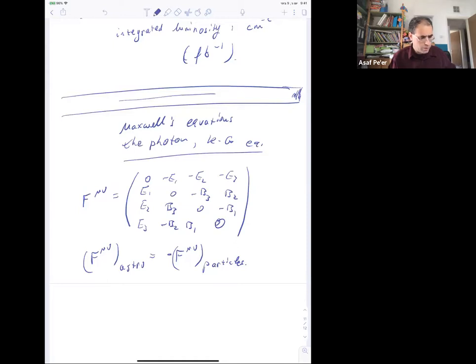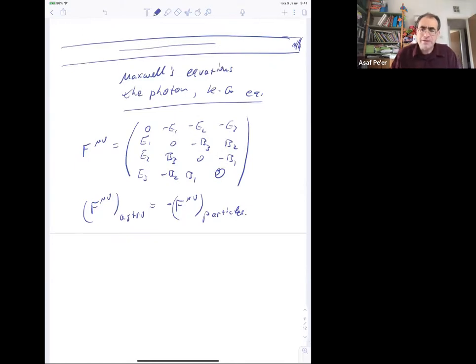Now there are various advantages of this notation, especially that it shows much more easily the way fields transform under Lorentz transformation and enables us to derive the transformation law of fields for different observers. I think you might be doing that in the advanced E&M course. Am I right?